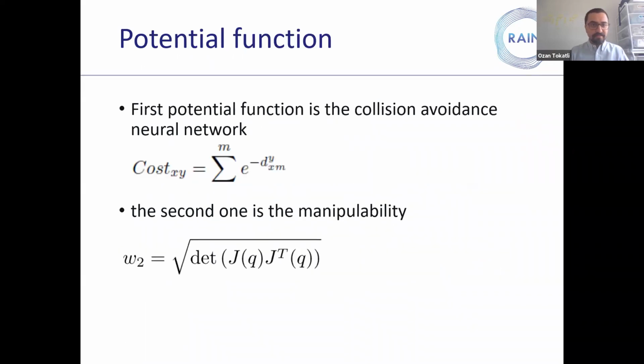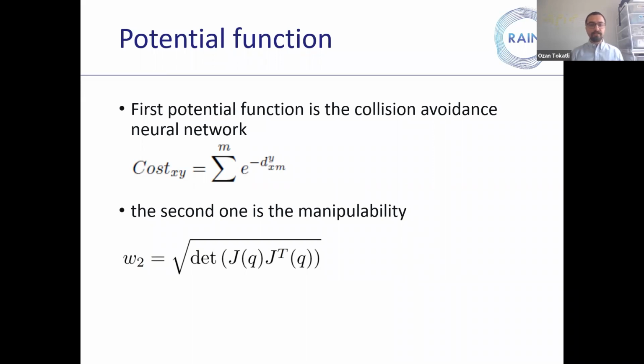Next slide, please. So basically, the first one, the collision avoidance, will be talked about in more detail by my colleague in a minute. The second one is the manipulability of the robot, and we selected the well-known manipulability measure of robots.